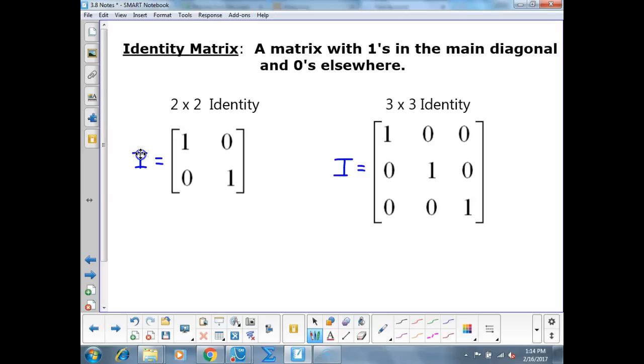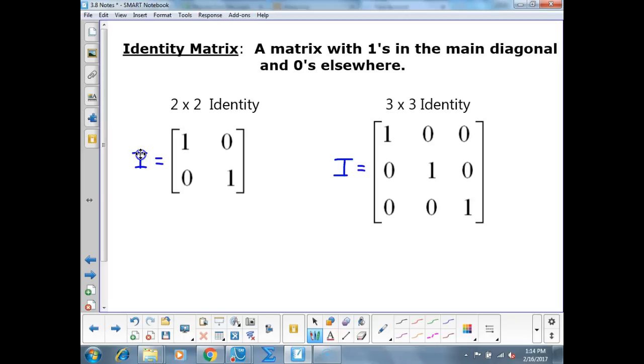The reason we call it matrix I is because no matter what your other matrix is, the identity matrix is either going to look like this for 2x2, or this one on the right for 3x3. For a 4x4, we can continue on with the pattern. The pattern is a matrix with ones in the main diagonal.